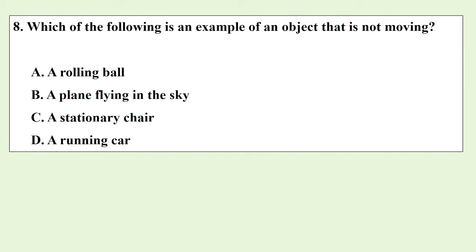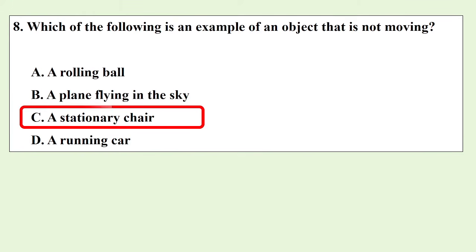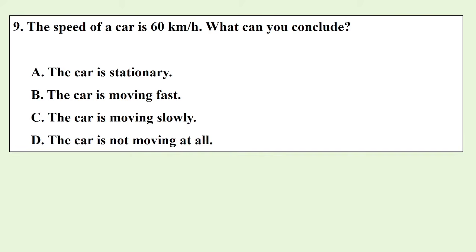Which of the following is an example of an object that is not moving? The speed of a car is 60 km per hour. What can you conclude?